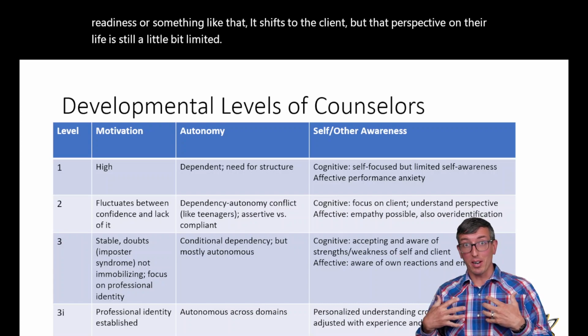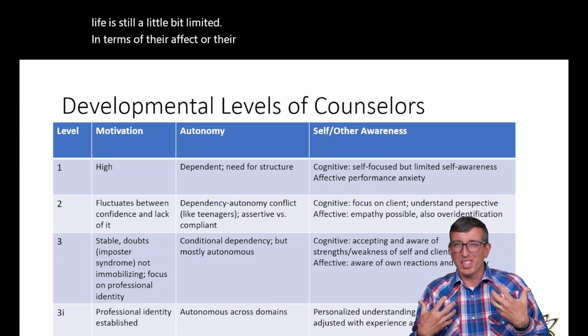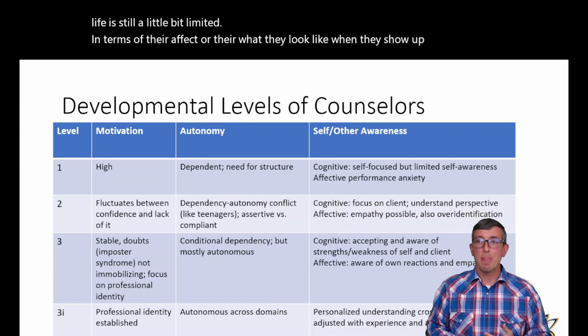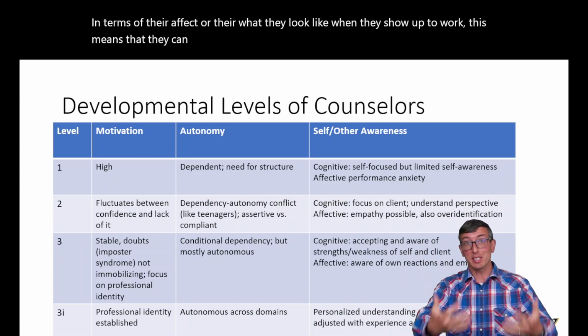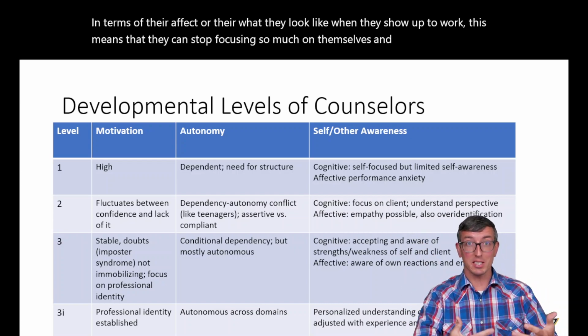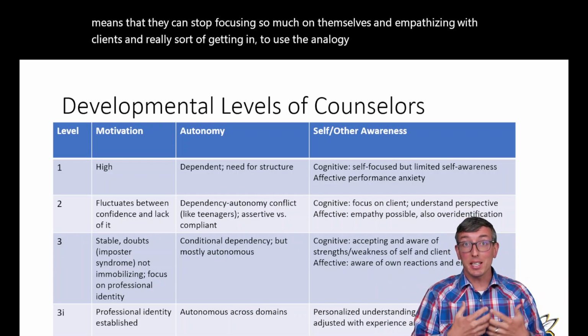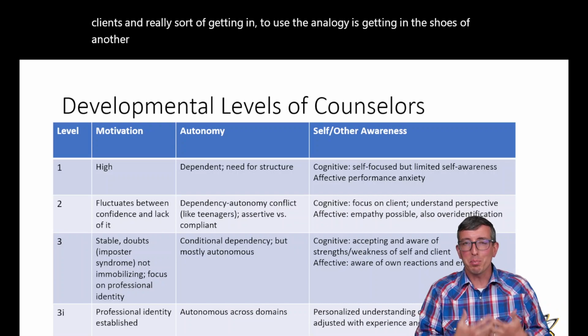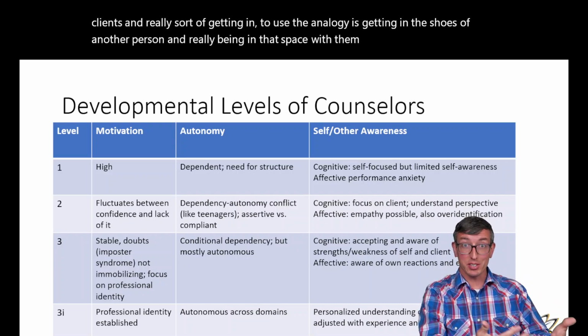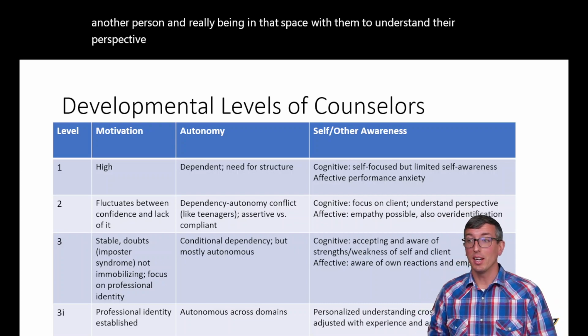In terms of their affect, or what they look like when they show up to work, this means that they can stop focusing so much on themselves and empathizing with clients and really sort of getting in, to use the analogy, getting in the shoes of another person and really being in that space with them to understand their perspective.